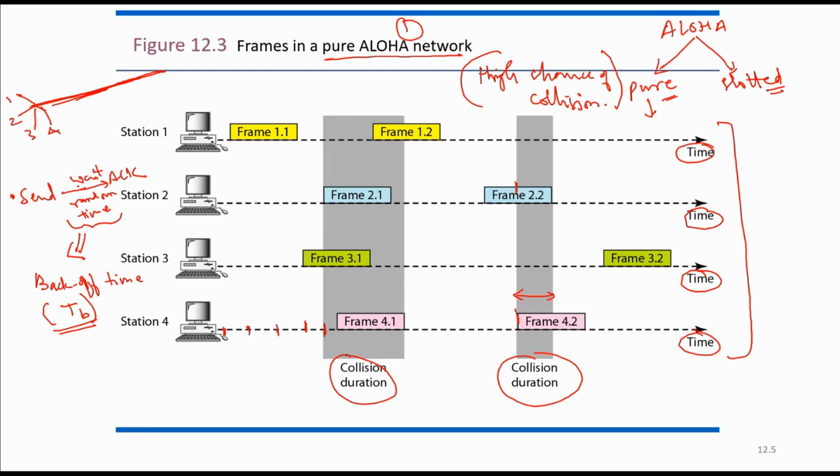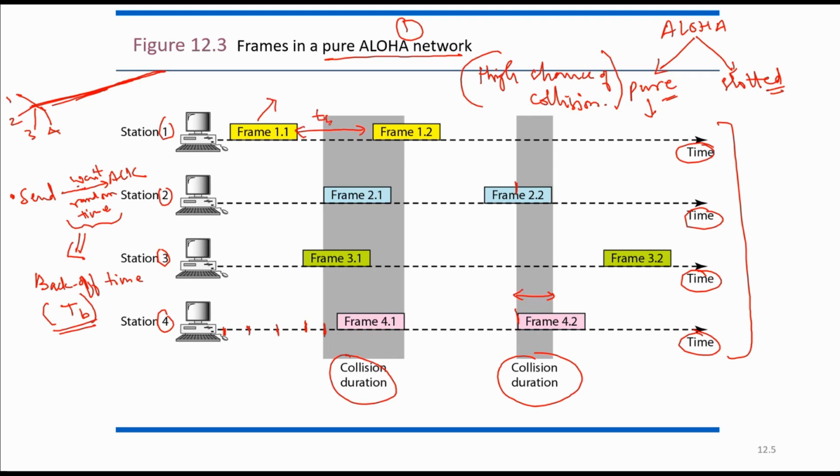These different stations will be waiting for different amounts of time, because each station has a random time. Once the data is sent, it will wait for a random amount of time.